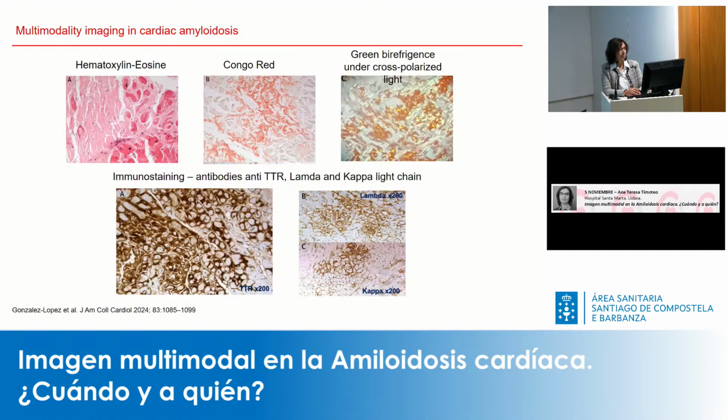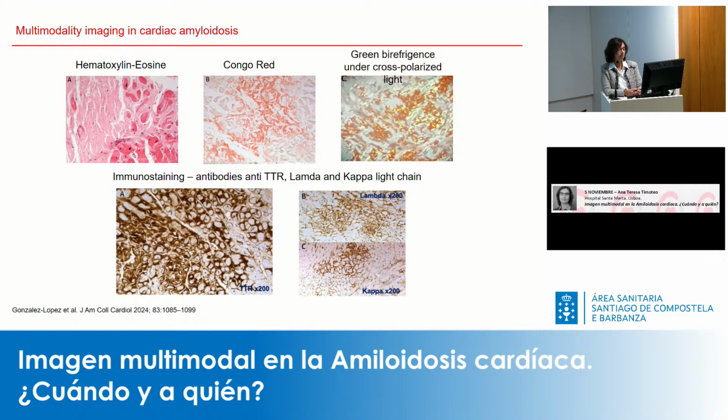So amyloidosis is a disease with an extracellular deposition of amyloid. It can be seen in biopsy specimens, visible with the classic hematoxylin-eosin staining. However, it's with Congo Red staining that we can see the specific deposition of amyloid, and it has a specific characteristic because under cross-polarized light, it has a specific green birefringence.